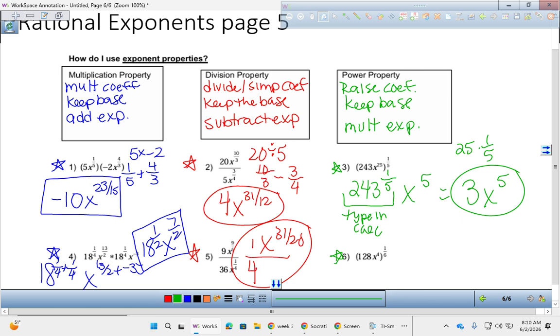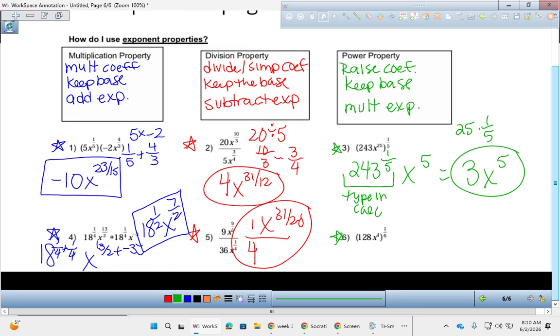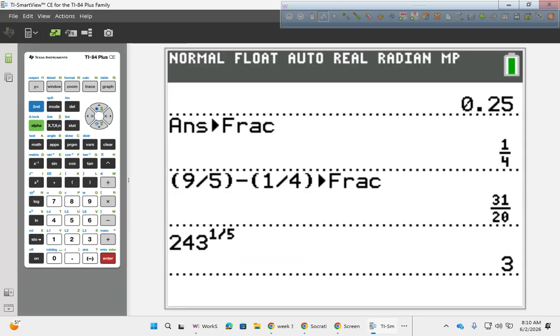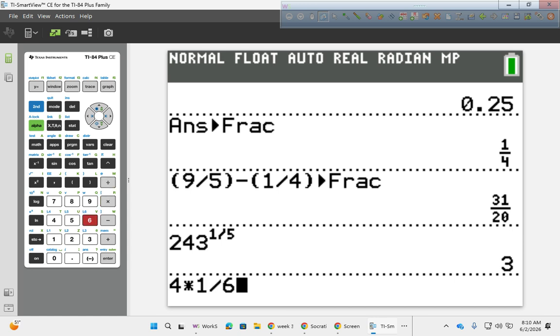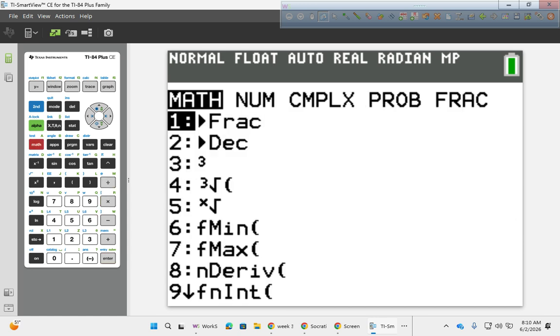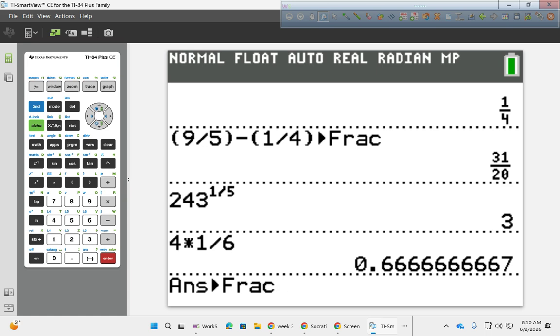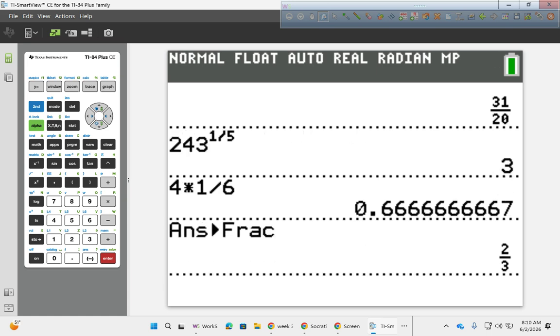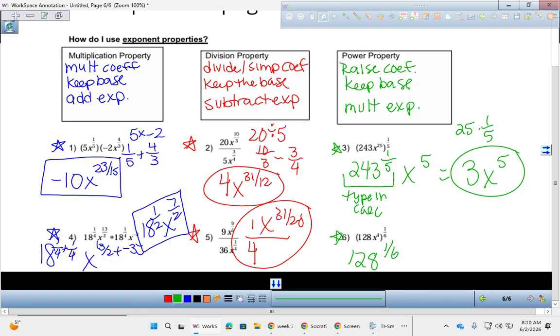All right, so 128 will be raised to the power of 1/6. And then I am multiplying the exponents. 4 times 1/6. Math, enter, enter. We'll call that 2/3.